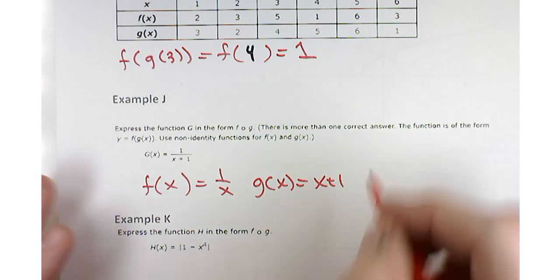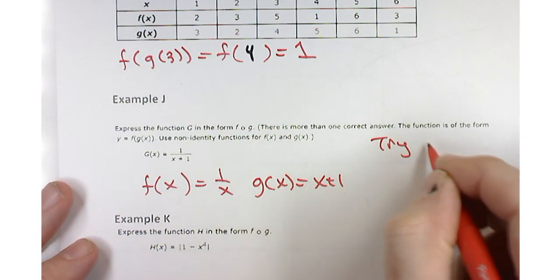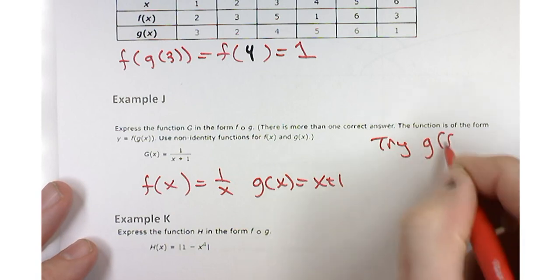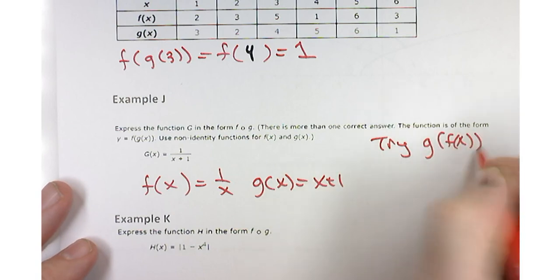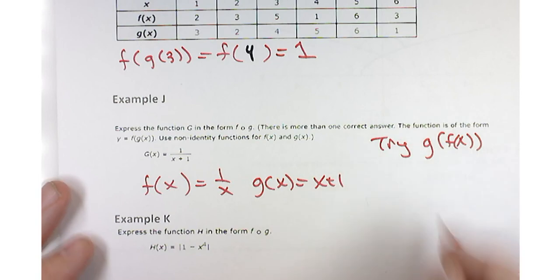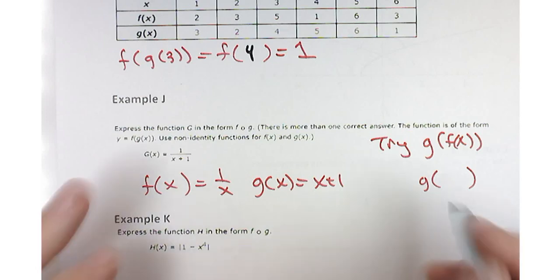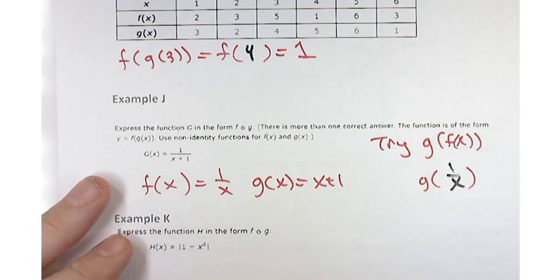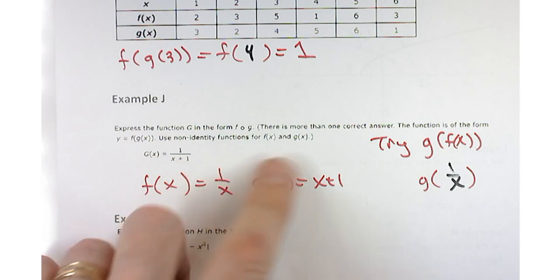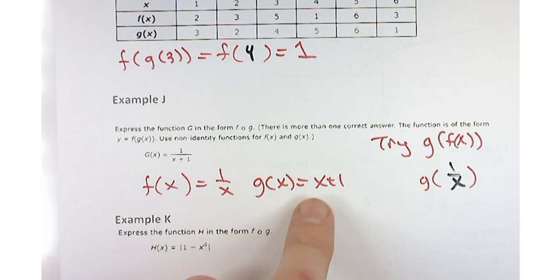You could try g of f of x, and let's see if that works. G of f of x, well, f of x is really just 1 over x. And then I go to my rule for g. G says take whatever I have here and add 1.